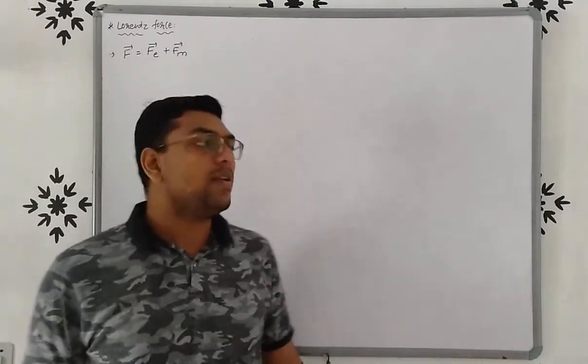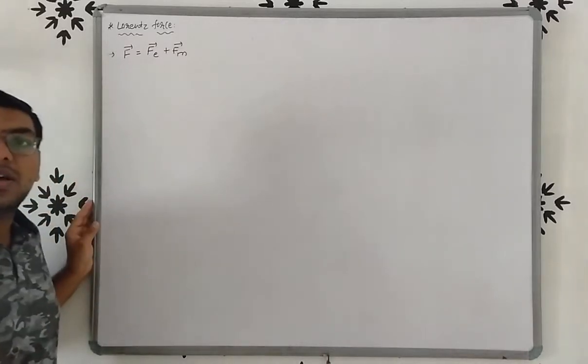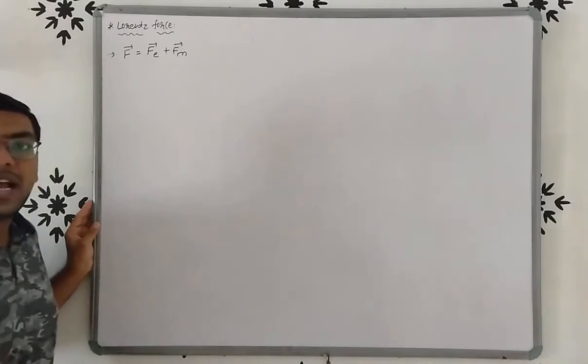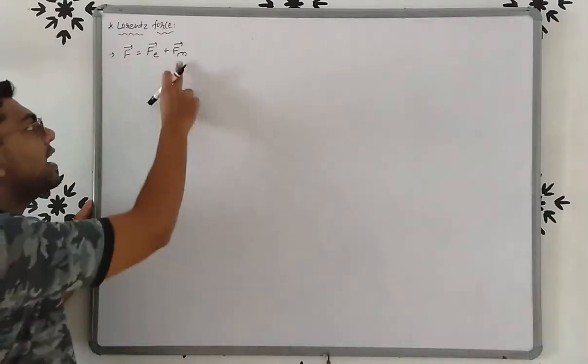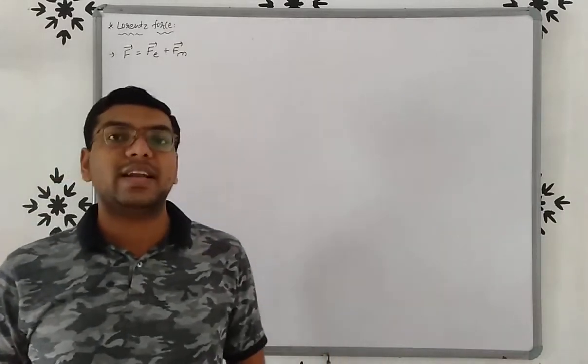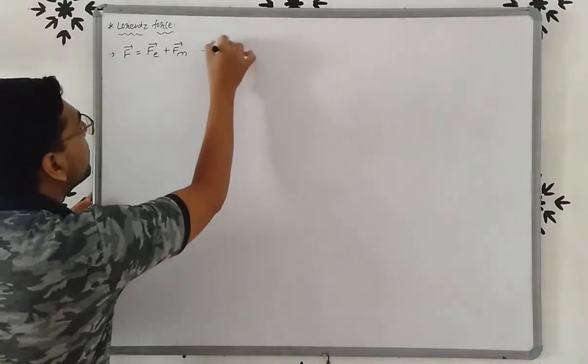So total force F equals Fe plus Fm, that means Fe is the force experienced by the charge due to electric field, and Fm is the force experienced by the charge due to magnetic field, right? So this is equation number 1.